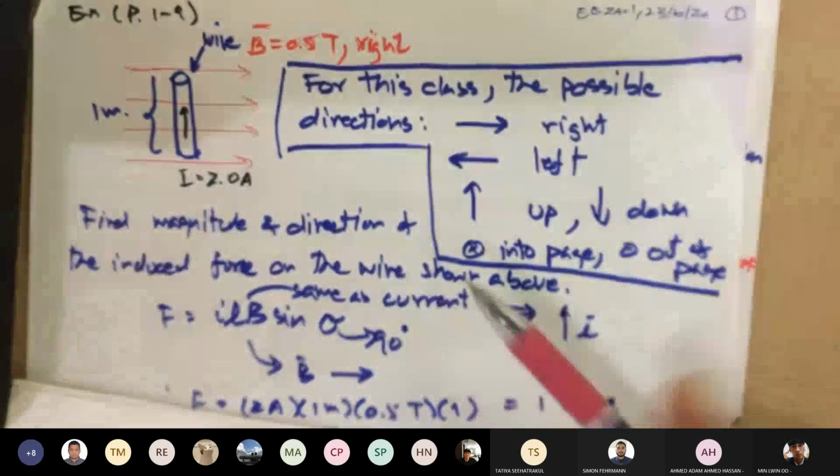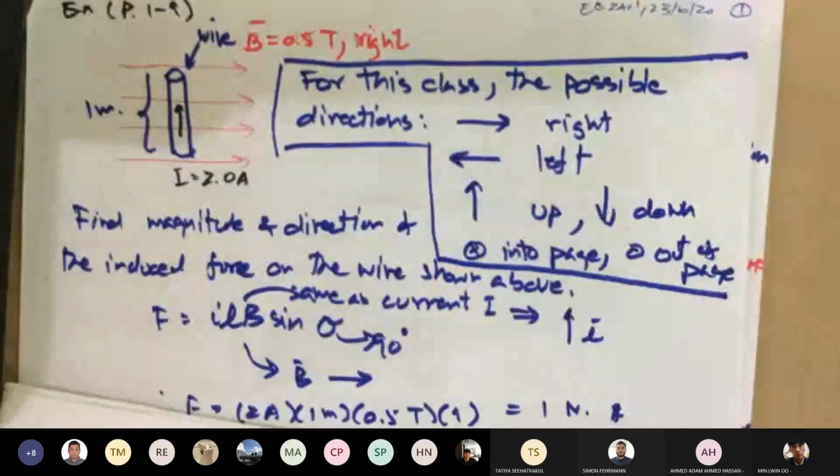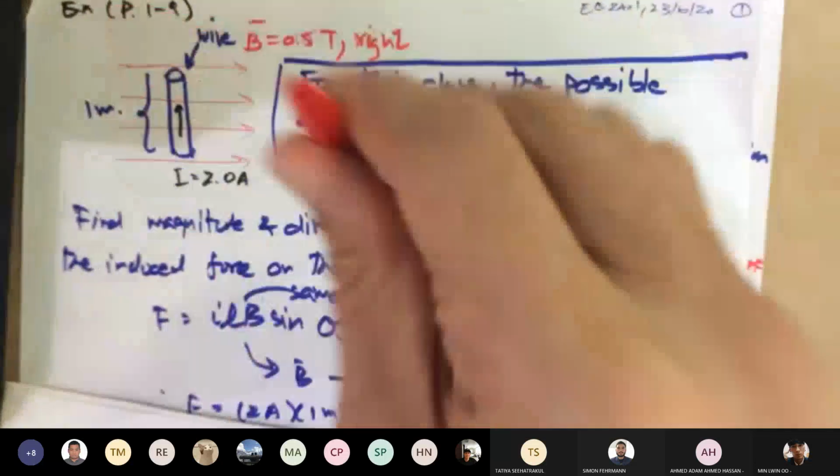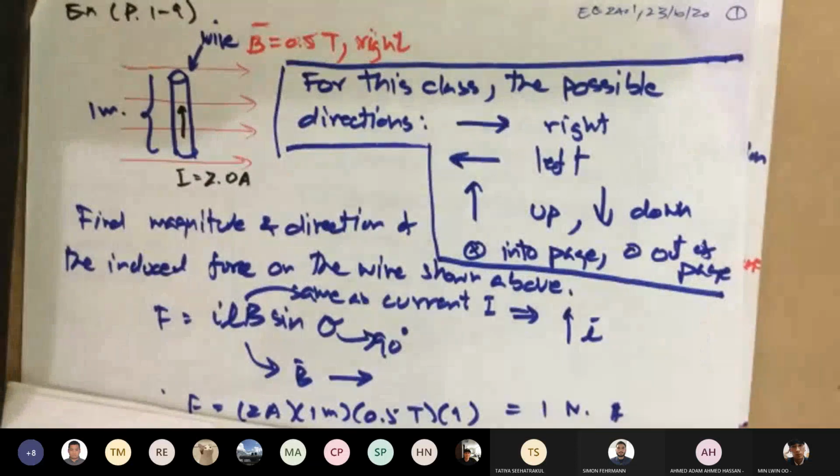And then from that plane, out of page, and the other direction is into page. Okay, that's it. These are the directions for this class. Human directions. So remember, this is based upon the plane of your paper.